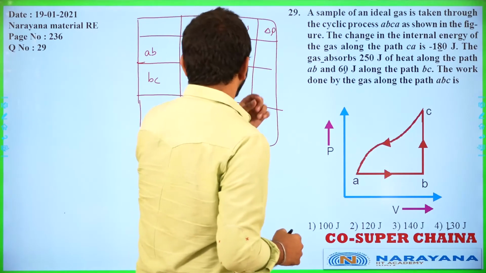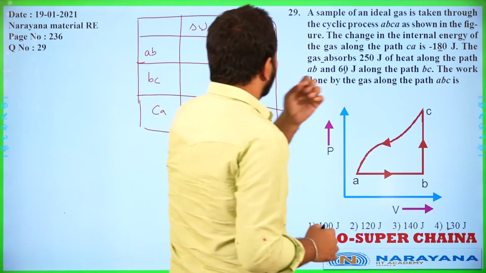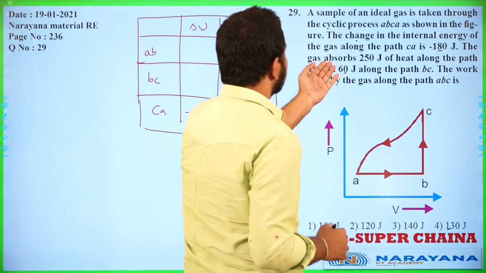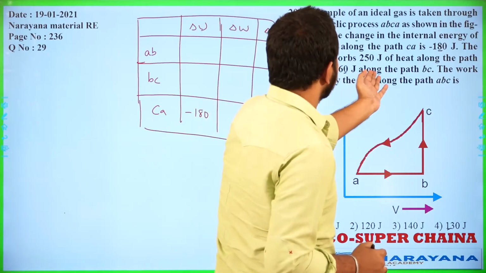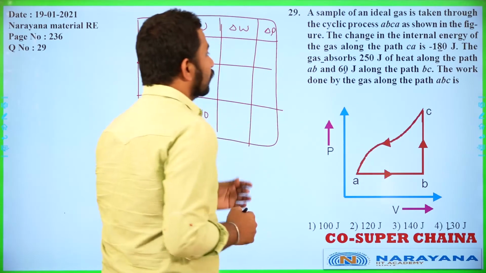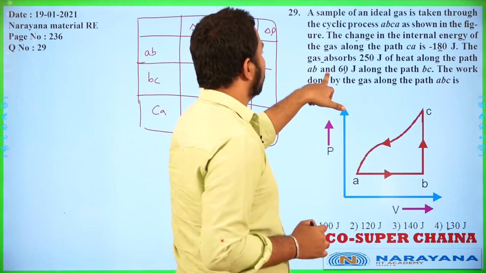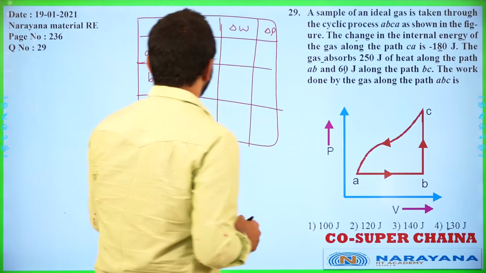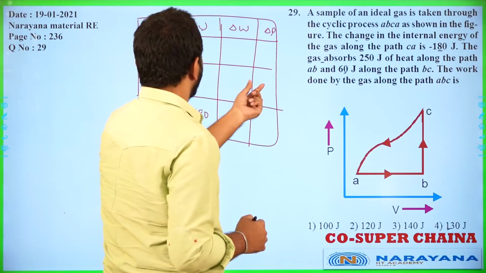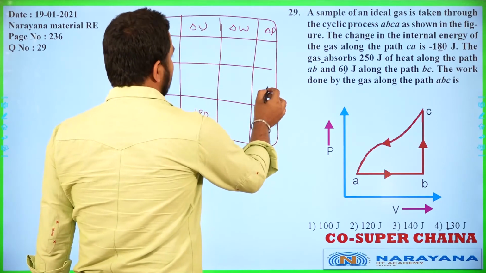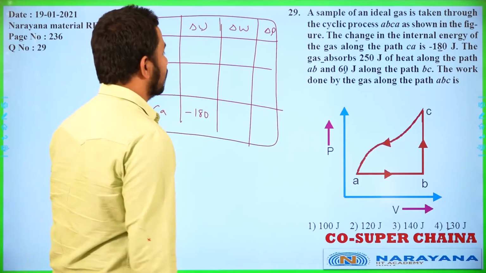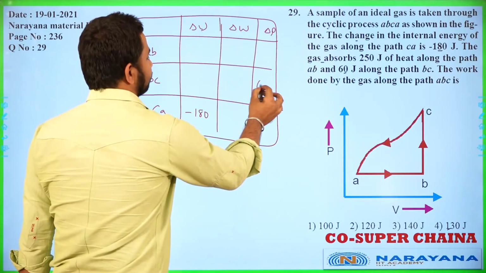And the heat along the path BC is given as 60 joule. So along BC we write the heat supplied, that is delta Q, as 60.